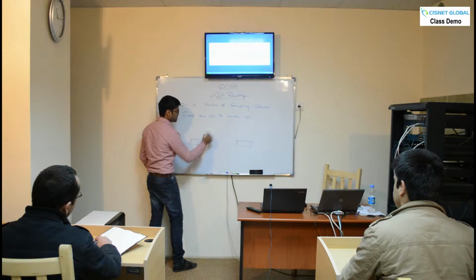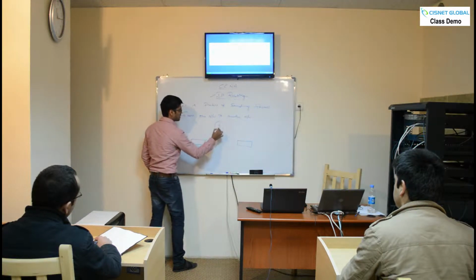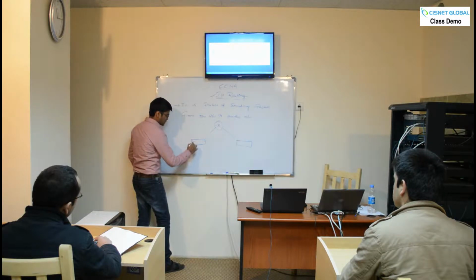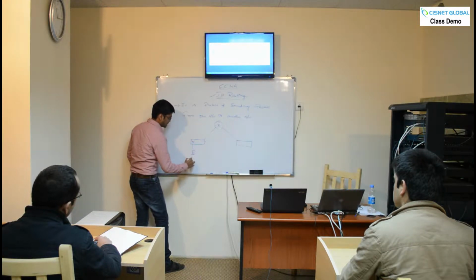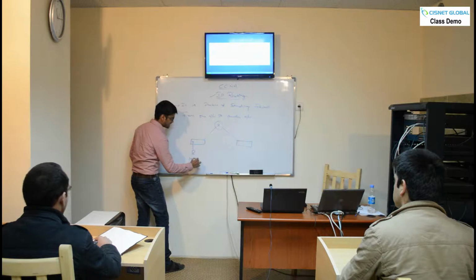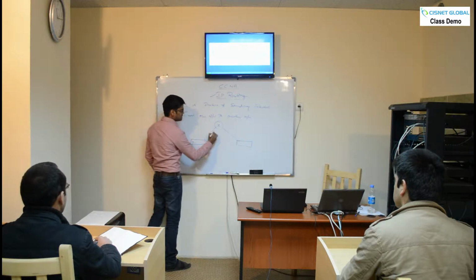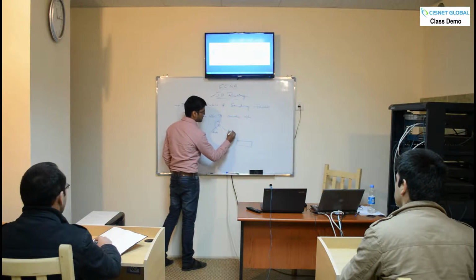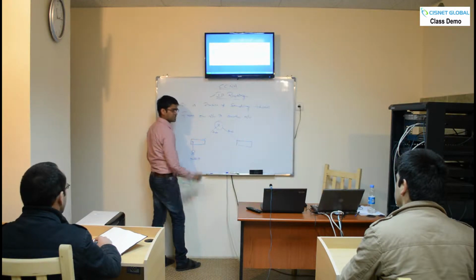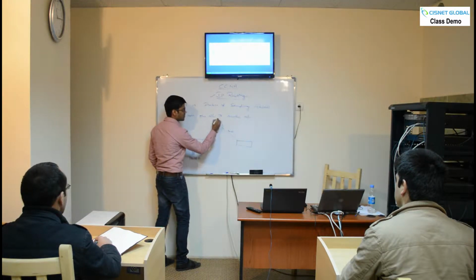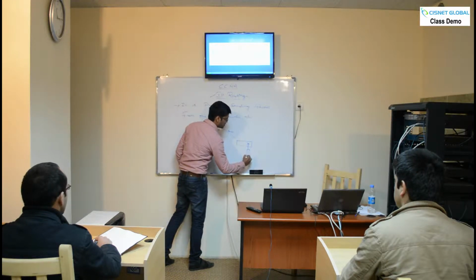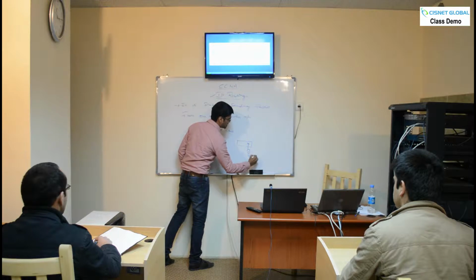These two switches I'm going to connect with the router. Here I have one PC, 192.168.1.1, and this is the FastEthernet 0/0 interface, and on this end I have the FastEthernet 0/1 interface. These are the interfaces of this router, and in the other switch assume that I'm going to place one more system, 192.168.2.1.